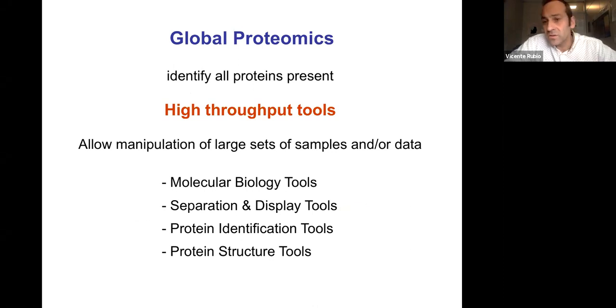And although I will not talk about this, proteomics can also be used from a structural point of view, to characterize the structure of a particular group of proteins.